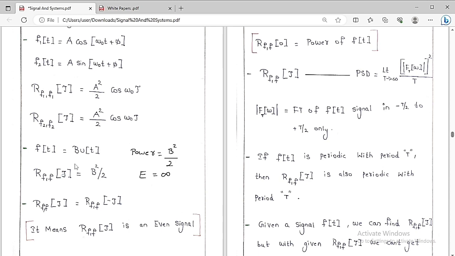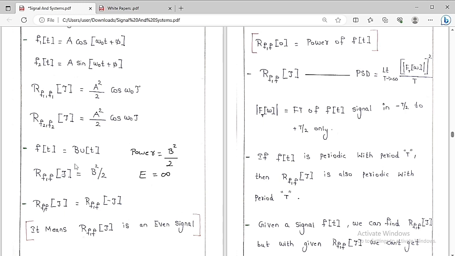So R_ff of plus tau is equal to R_ff of minus tau. I have already told you this point so many times, and you have to keep it in your mind.